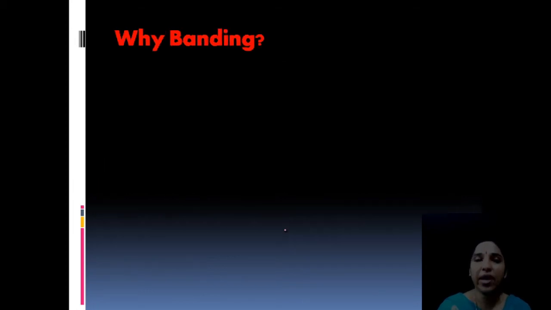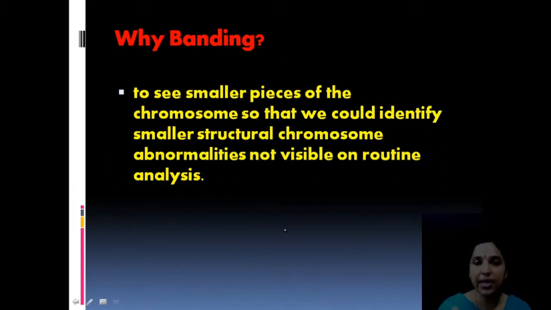Okay. So, why banding? Why are we doing this banding technique? To see smaller pieces of chromosomes so that we can identify small structural chromosome abnormalities not visible in routine analysis.